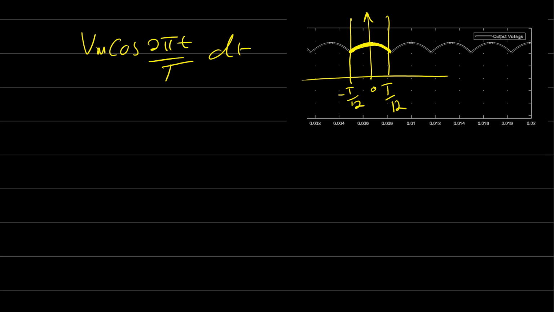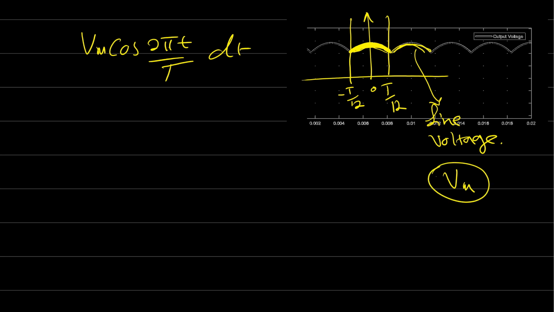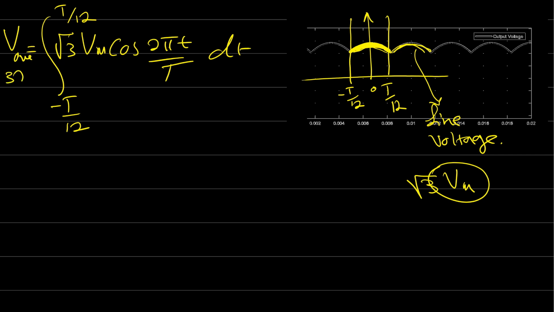And here again we said this is the line voltage. So if V maximum is for the phase voltage, the line voltage is the root of 3 times V maximum, with integration from minus T over 12 to T over 12, and this is the average voltage for the three-phase full-wave rectifier. Simply, we can say that the cosine integration is sine, from minus T over 12 to T over 12. So you will get at the end the average voltage for the three-phase full-wave rectifier.